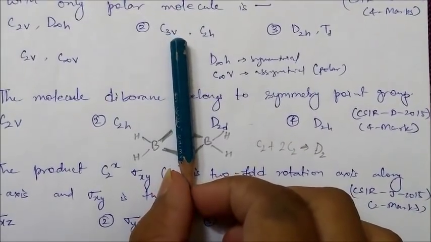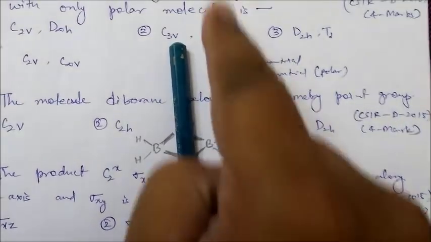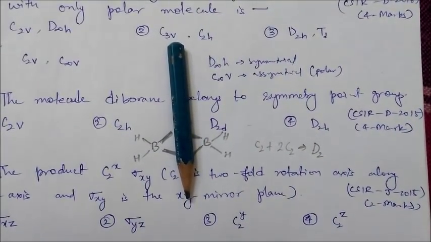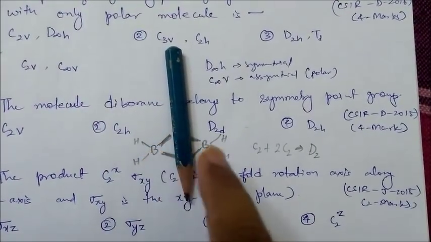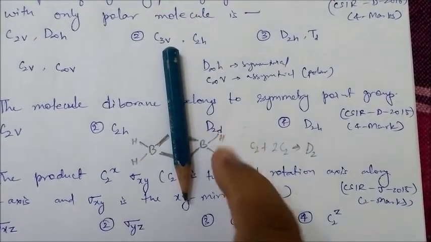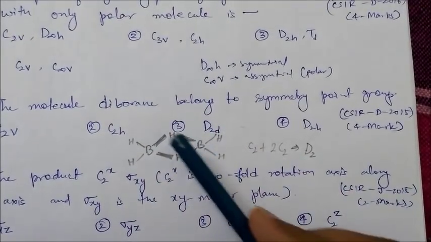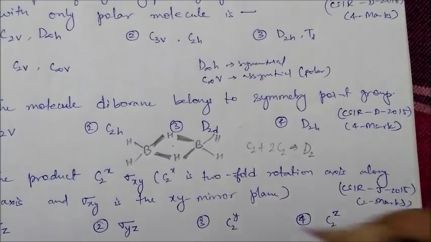So we will say yes. If the z axis is the primary axis, we have a plane which will cut like this, which will pass through these two boranes, and which will reflect these two hydrogens and these two hydrogens too. So that will be a horizontal plane.